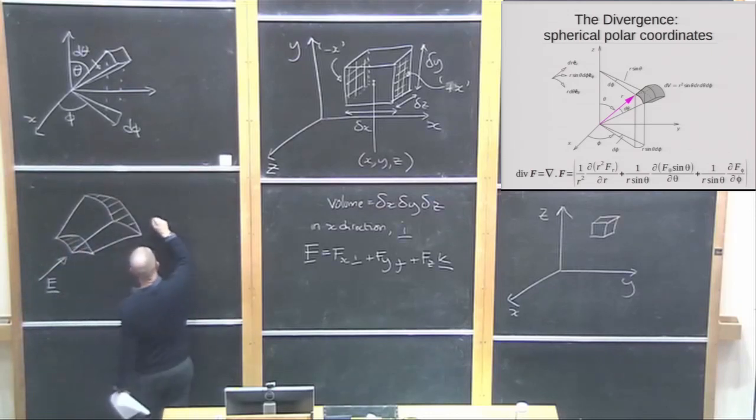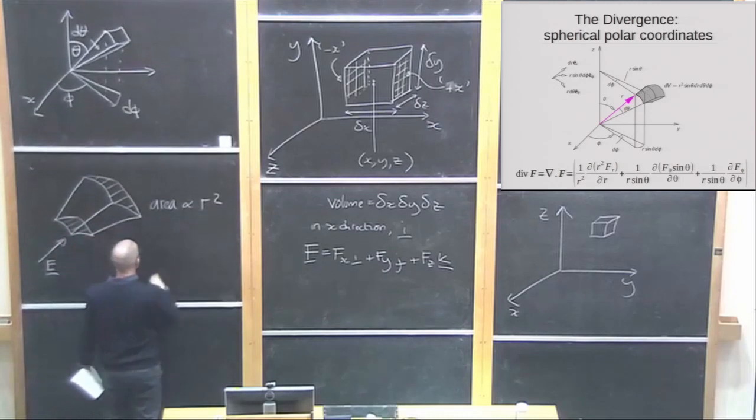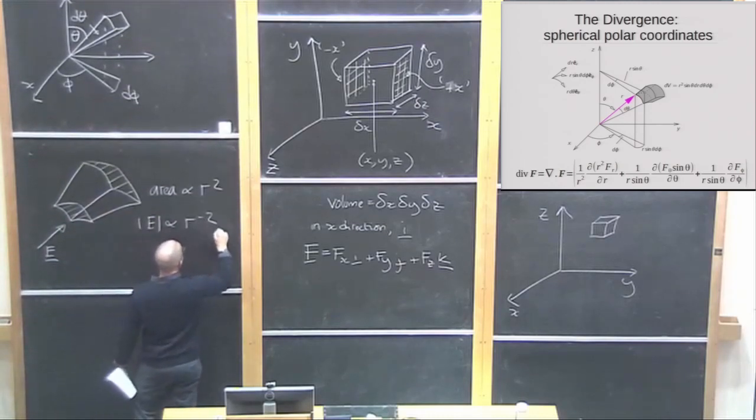Well, the area of these surfaces is proportional to r squared, and you can see that by considering the surface element in spherical polar coordinates, which is r squared sine theta, but it's also just obvious geometrically. But the magnitude of the electric field is proportional to r to the minus 2.